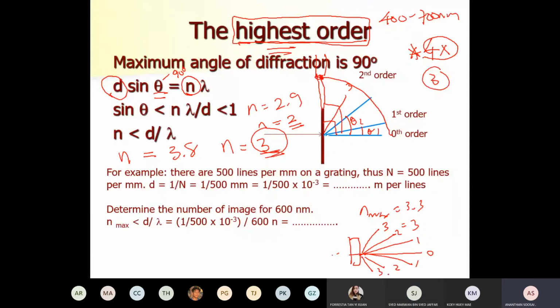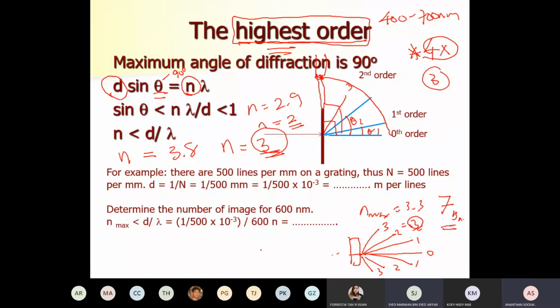So total bright lines you're going to observe, what? The maximum order is 3. That means up is 3, down is 3, center another 1. So altogether how much? 7 bright spots will be observed. If the maximum order is 3, it is 3 times 2 plus 1.